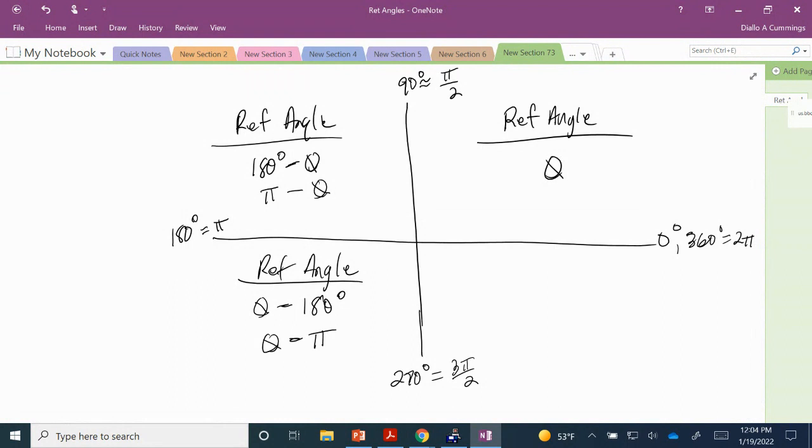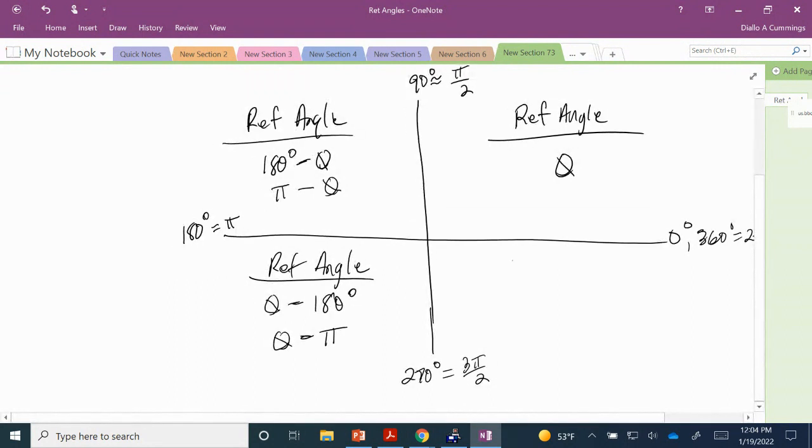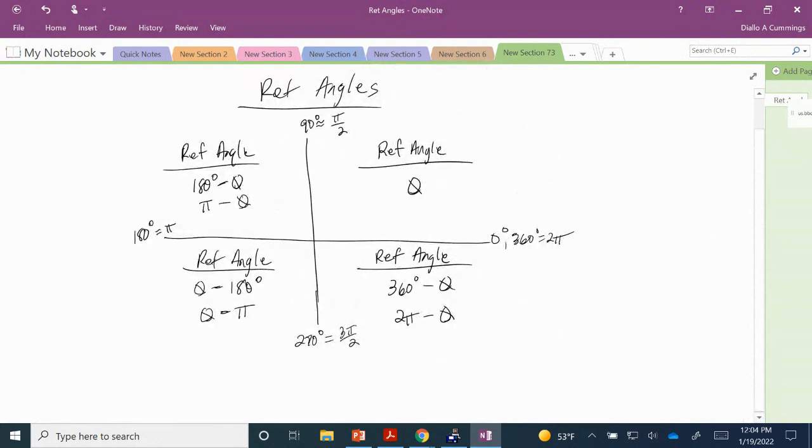And then lastly, in the fourth quadrant, the formula for the reference angle is 360 minus the given angle, or if you're dealing with radians, it's 2 pi minus the given angle measure. And this is the reference angle chart, along with all students take courses.